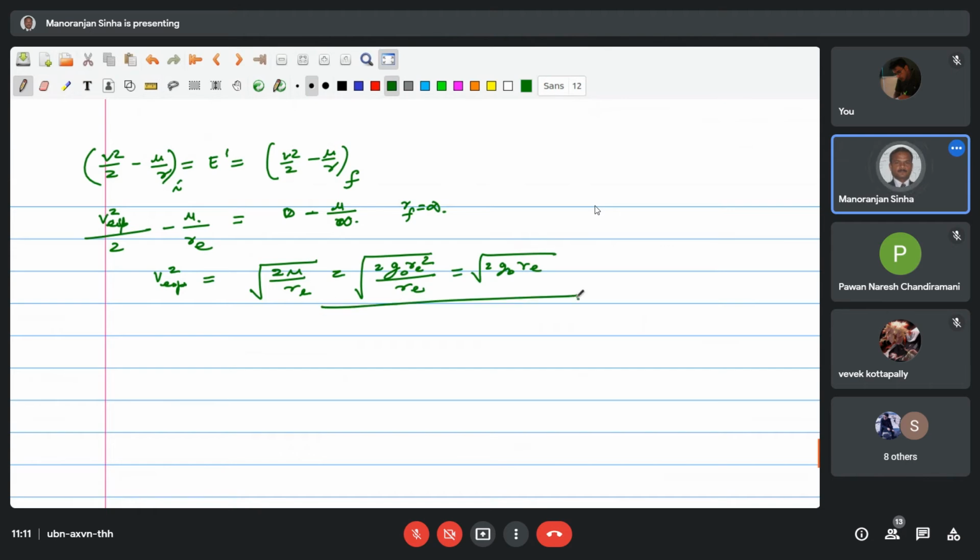So this is your escape velocity. What you are assuming here is that this is the earth, and here you give velocity v escape, and potential energy in this case becomes minus mu by RE, where RE is the radius of the earth.